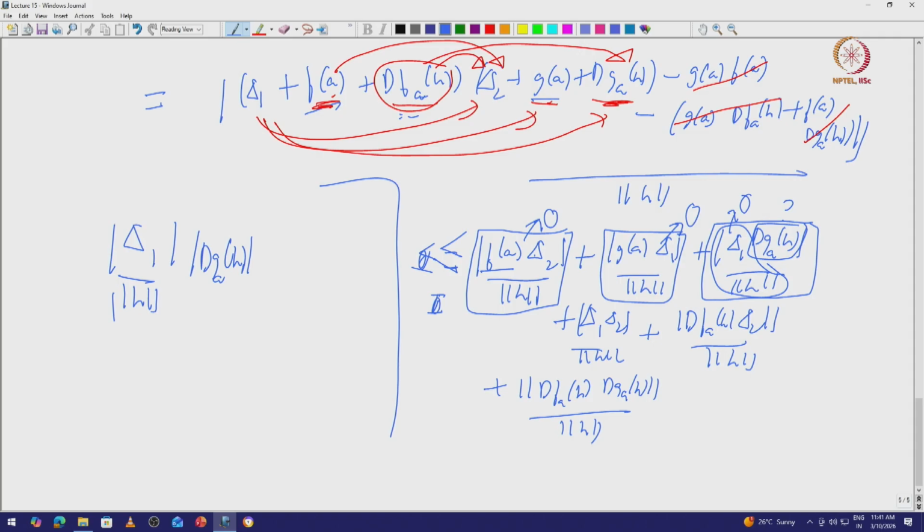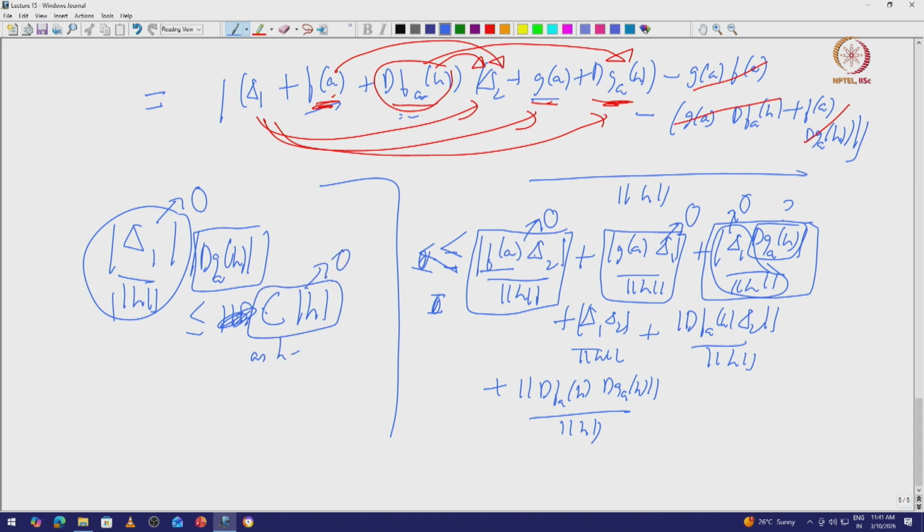What is this? This goes to 0. This, we've already seen that this is less than some constant, maybe I won't write the precise form, some constant times mod h. This obviously goes to 0 as h goes to 0.